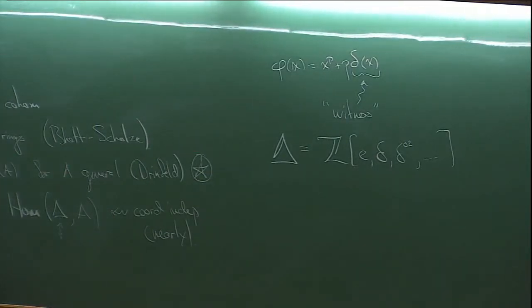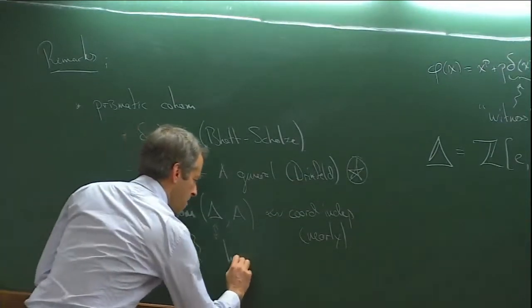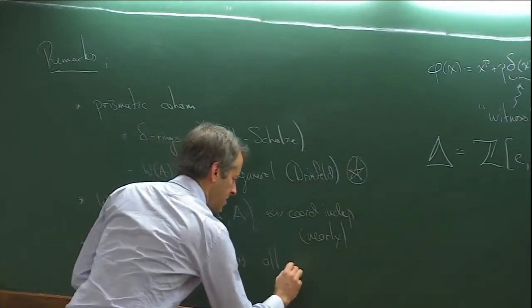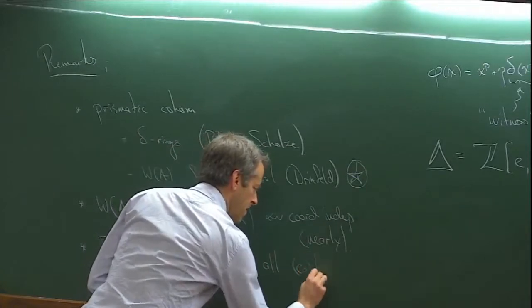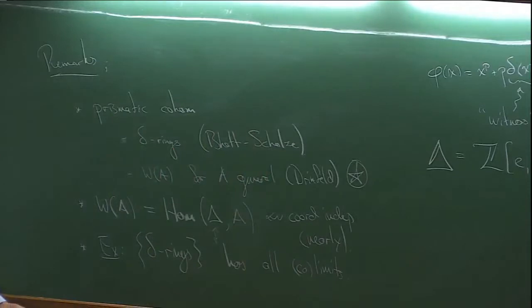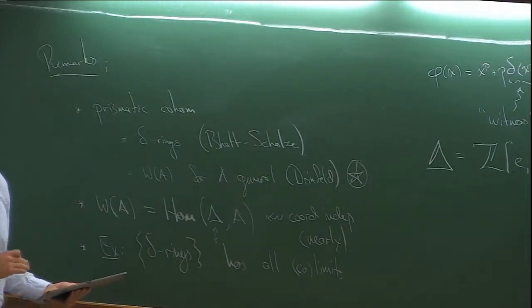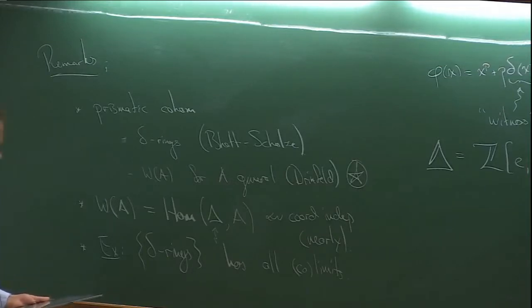Another point is that here's a little exercise. The category of delta rings has all limits and colimits. In the category theoretic sense, so all push-outs, direct limits, inverse limits, pullbacks, things like that.